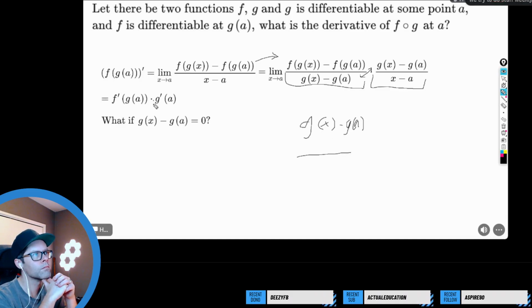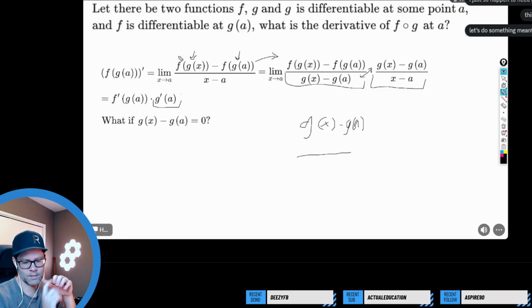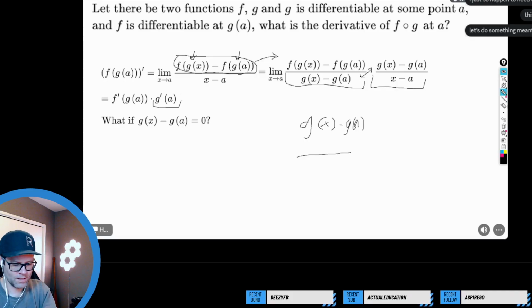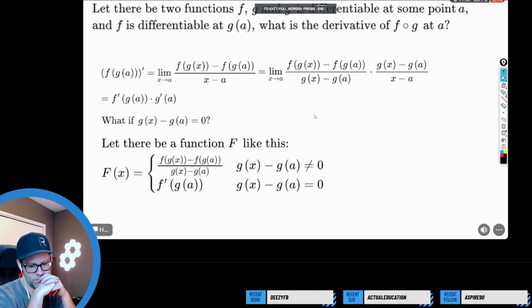So we know that g tag of a should be 0, and all of it should just be 0, as we can see that if g of x is actually equal to g of a, all of this will also be 0. But proving it and saying it, we can just say stuff like this, but we can use a trick.